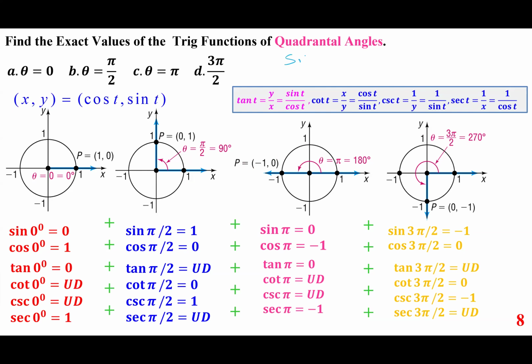Sine of n pi becomes 0, where n is an integer. Cosine of (2n plus 1), that means an odd multiple of pi over 2, is also 0. So those are the things that become obvious as a result.